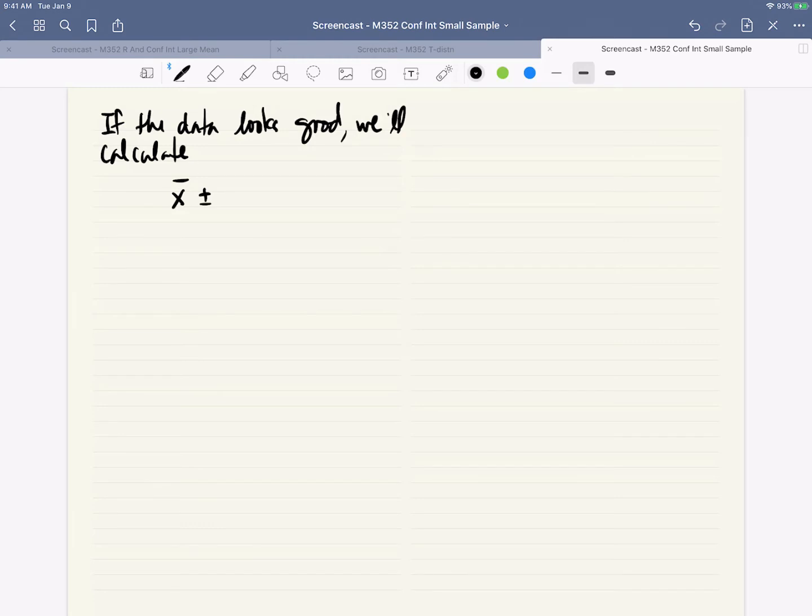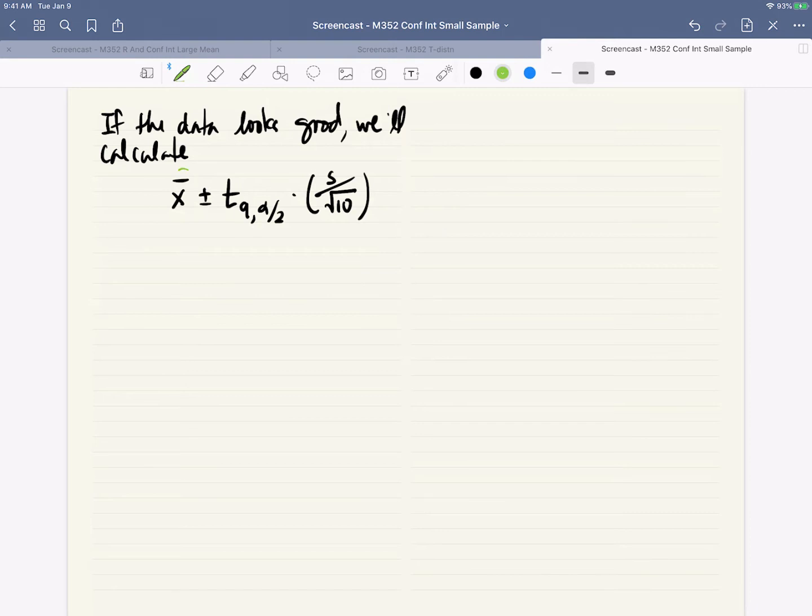So those are going to be the sample mean plus or minus the t-distribution with 9 degrees of freedom and alpha over 2, times our sample standard deviation divided by the square root of 10. So what do we need to calculate?